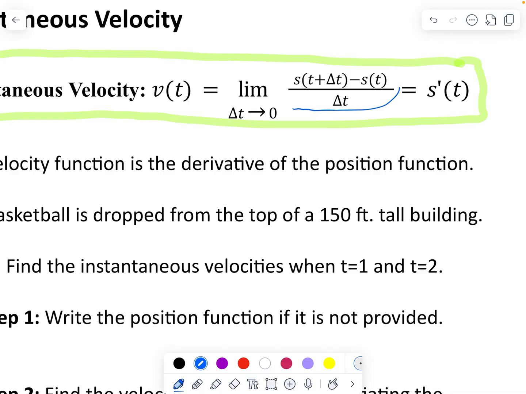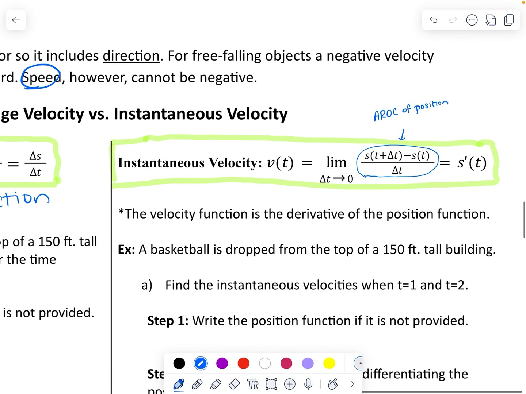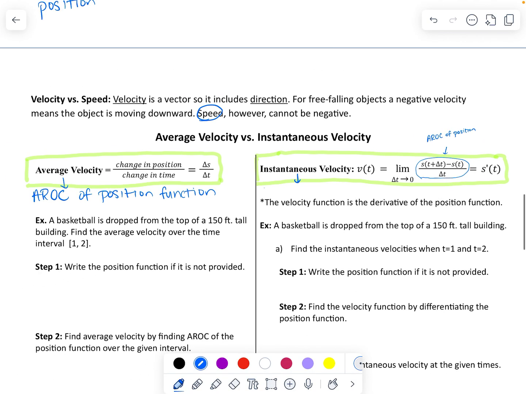All this is the average rate of change of position. And if you take the limit as the change in time is approaching 0, then that gives you the derivative. So for instantaneous velocity, we are taking the derivative of the position function.